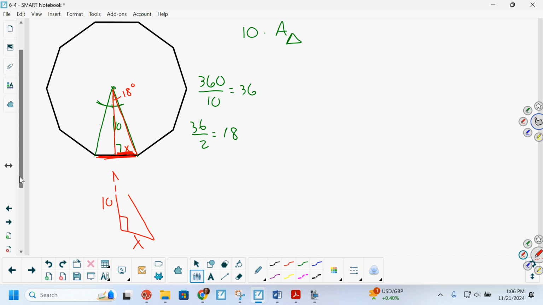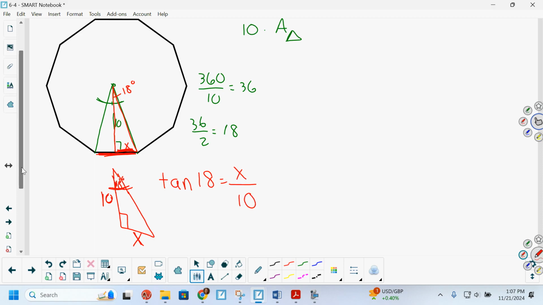So that means what I can do is use SOHCAHTOA to figure out what x is. So this is my angle 18. This is my opposite. This is my adjacent. That's tangent of 18 equals opposite over adjacent.